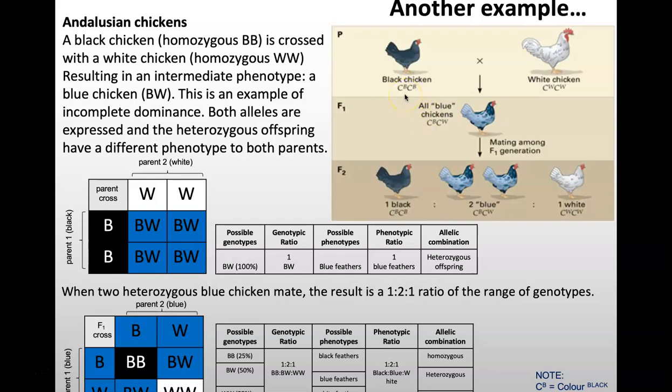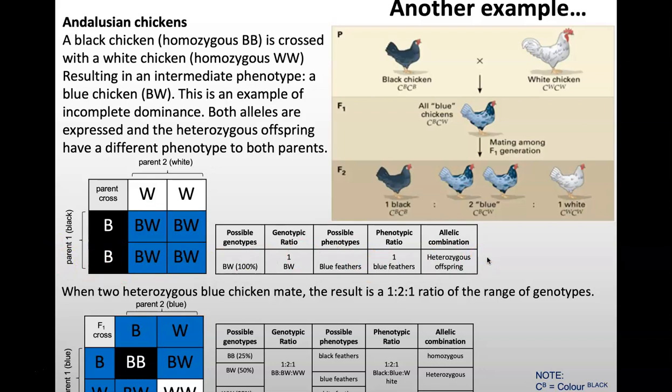And these F1 generation birds have an intermediate phenotype in between both of those parents, and we call that a blue chicken. Okay, and you can see from that first Punnett square, we've got our black parent, we've got our white parent, and because of that assortment of donation of alleles, all of the offspring are blue. So 100% of those F1 offspring will be blue phenotype.